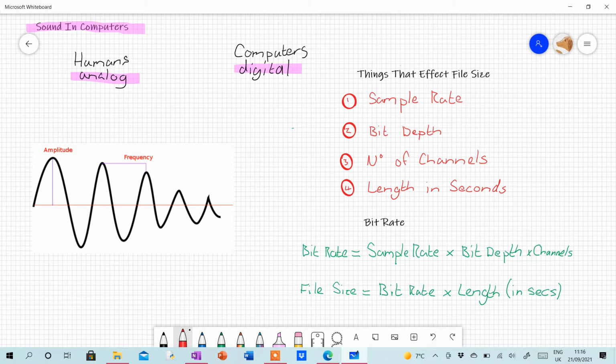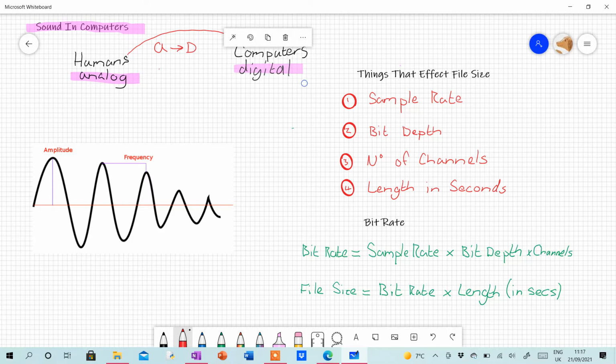Okay, so if we have a sound in the real world that we want to represent on a computer, alright, we have to apply a system called analog to digital conversion. Alright, so we're starting off analog and we're going to turn it to digital.